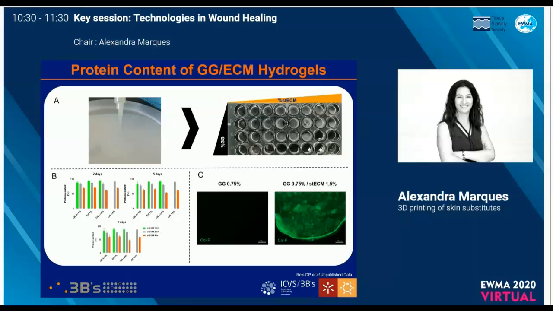So we have been using these extracts in combination again with gellan gum to obtain different inks and to be able to use them to build tissue-like substitutes.